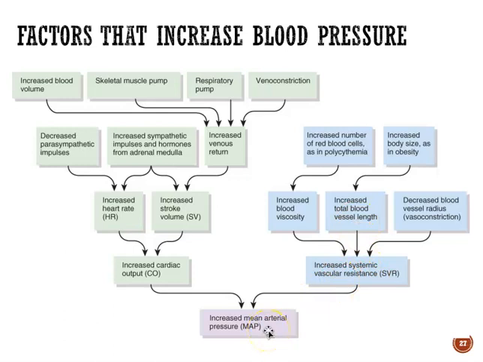That's one of the reasons why when people have high blood pressure, one of the first things they look at is seeing if they can reduce some of their weight, because it'll decrease the blood vessel length, which will decrease the overall resistance, which will decrease blood pressure. And then the decrease in blood vessel radius, so vasoconstriction, will also cause an increase in resistance, which will increase blood pressure.